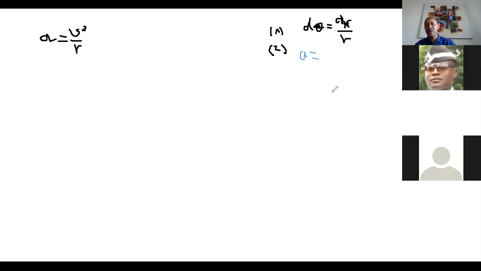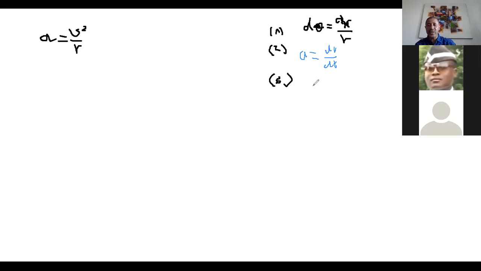Okay, number 2: a equals dv divided by dt. Okay, number 3: v equals dx over dt.